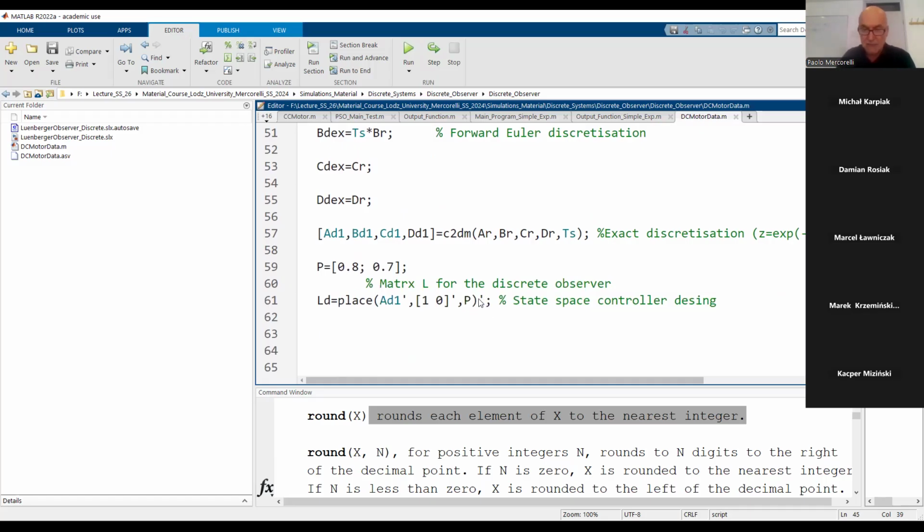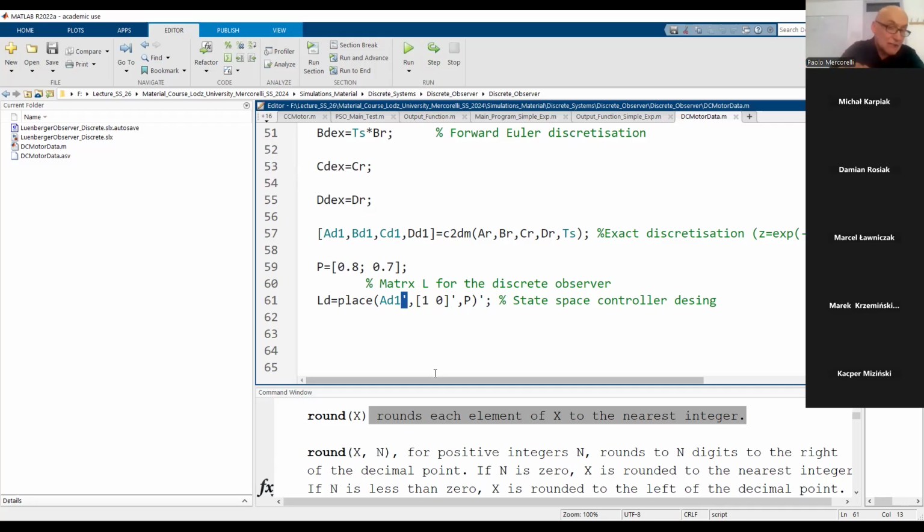Now, transposed here, P here, no problem. C transposed. I try to explain a little bit this concept of the duality, which is reflected in this place. At this moment, this is enough, no? Because through C, I have the injection of the signal in an observer.